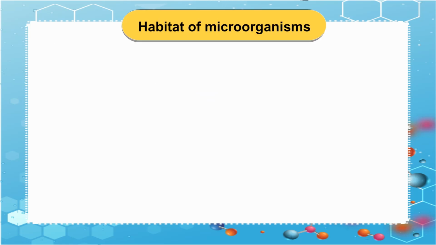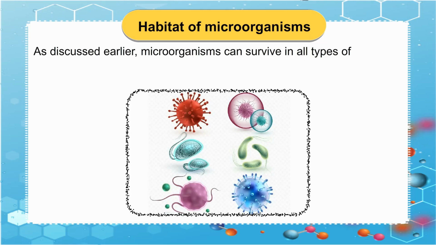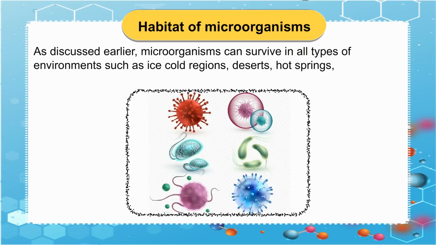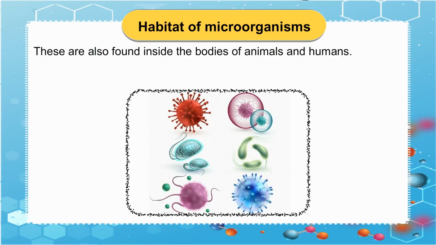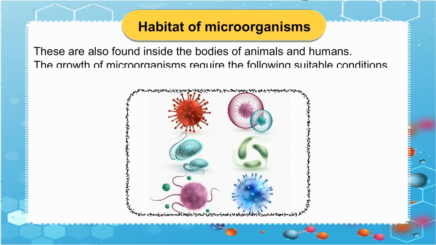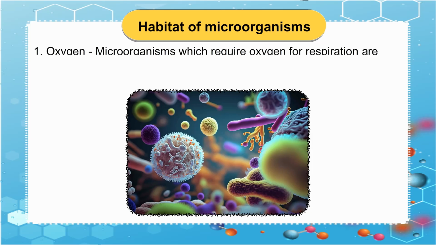Habitat of microorganisms. As discussed earlier, microorganisms can survive in all types of environments such as ice-cold regions, deserts, hot springs, marshlands, etc. These are also found inside the bodies of animals and humans. The growth of microorganisms requires the following suitable conditions. 1.